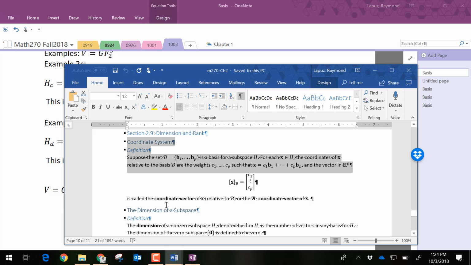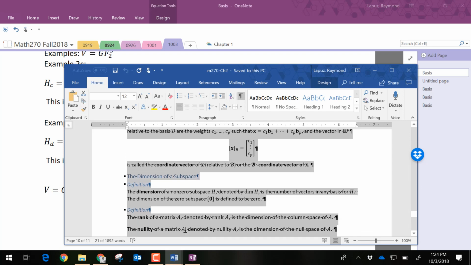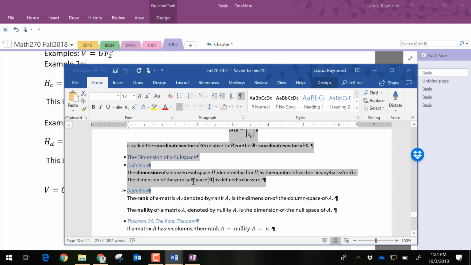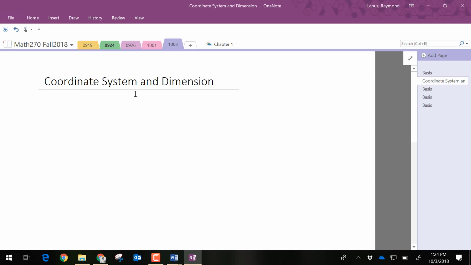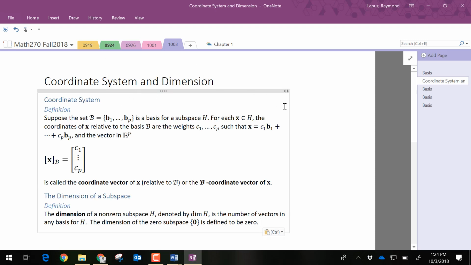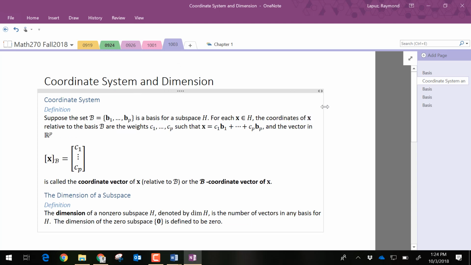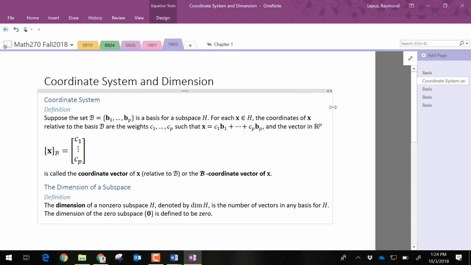All right, so let's see if we can actually formally define this. Well, 2.9 talks about coordinate systems and dimension. So let's talk about those first. The idea of a coordinate system might be clearer after we take a look at a few more examples.